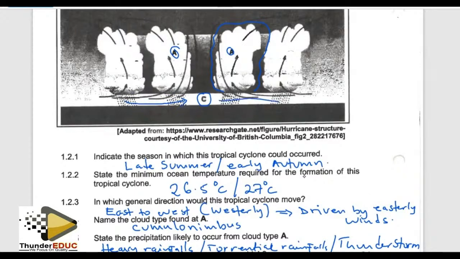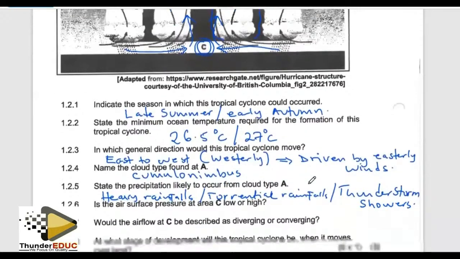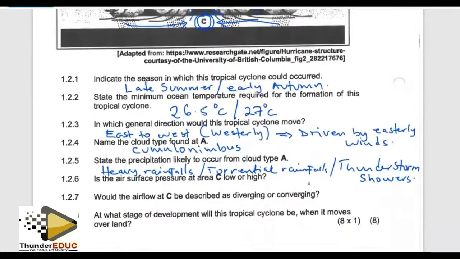Air moves towards the same point, and after converging, it rises. The mere fact that air rises means a low pressure is going to develop. So that is why we say the pressure at C will be low pressure, due to air rising or ascending at that particular point after converging.